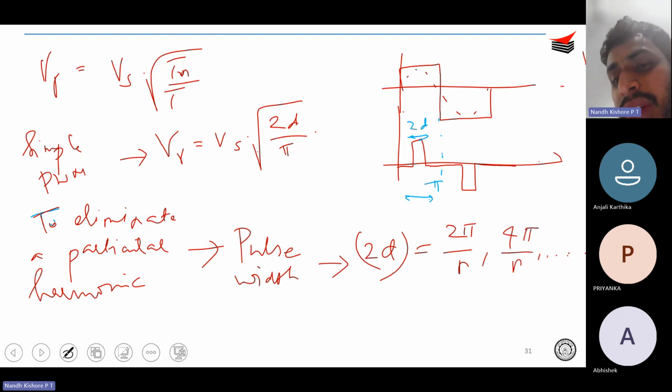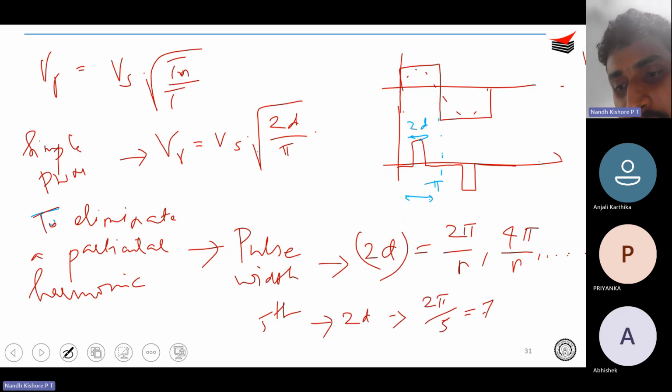So for eliminating fifth order harmonic, your pulse width should be 2 pi by 5 or 72 degrees, 4 pi by 5 is 144 degrees and so on. Like that for third order harmonic, you will have a particular pulse width. So you can vary your pulse width so that this particular harmonic gets eliminated. This is something we saw, for simple PWM.